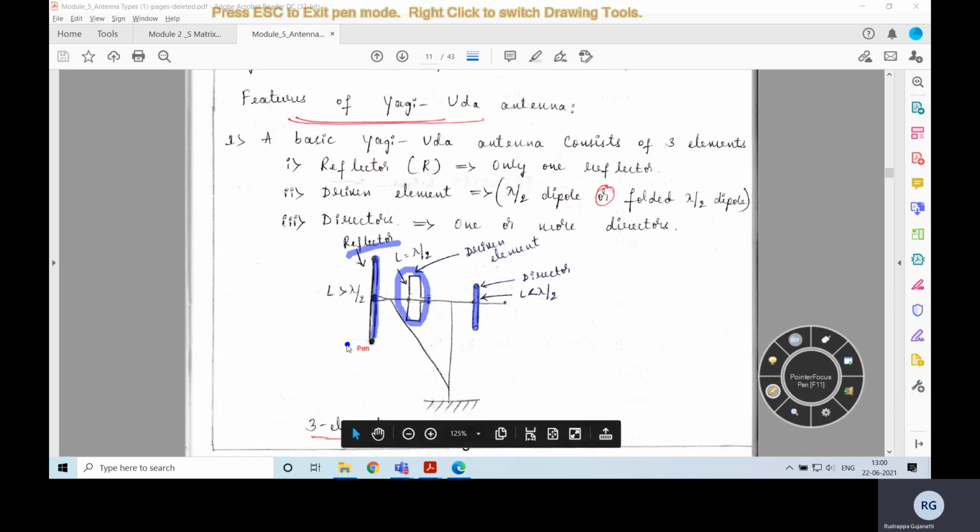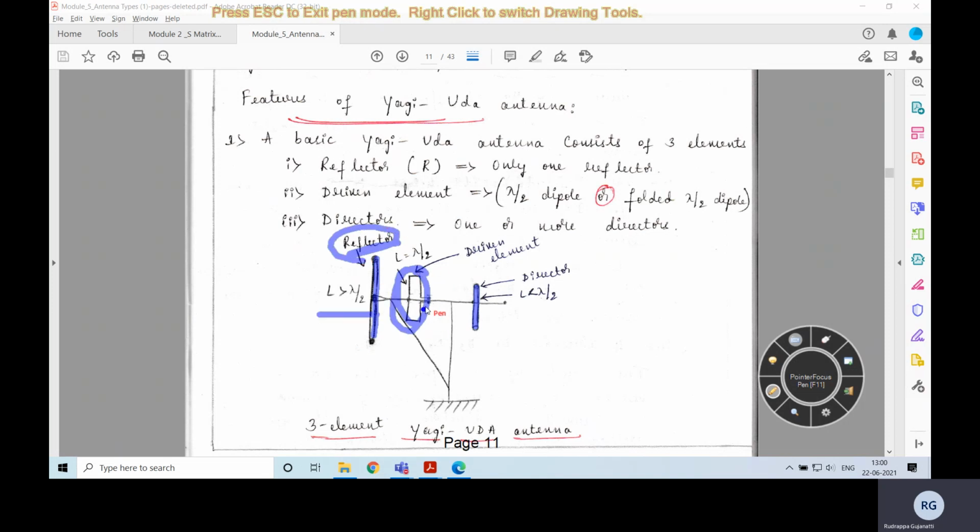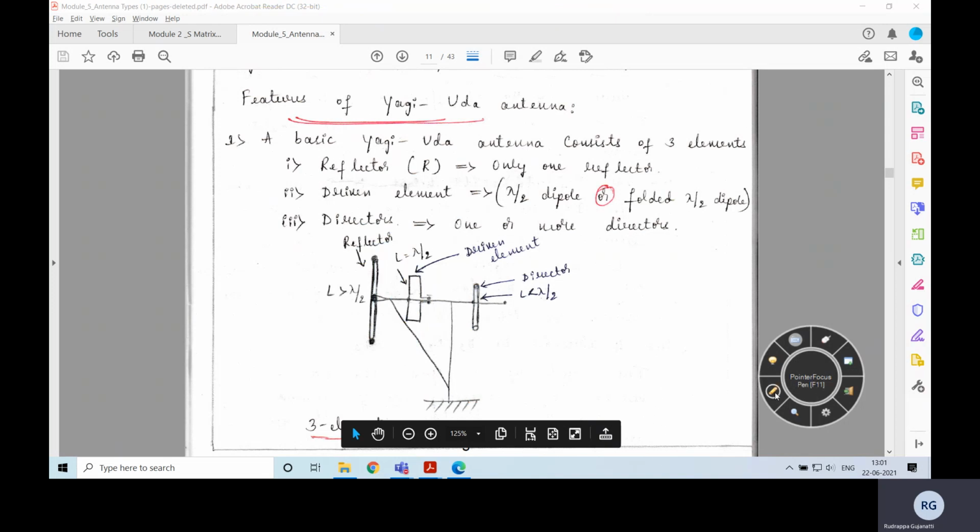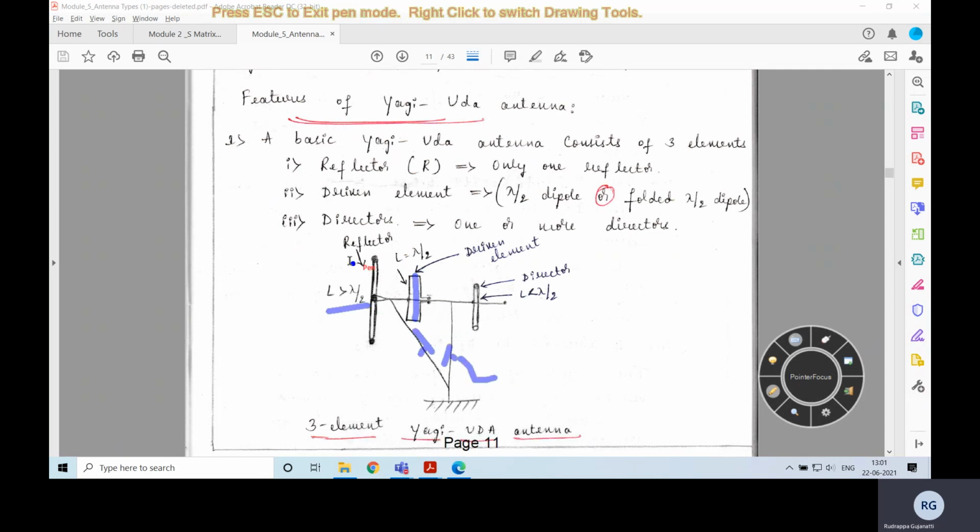Now, when we compare the lengths with respect to the driven element, we observe that the length of the reflector is slightly greater than that of the folded dipole. So it is greater than lambda by 2, since the dipole we are considering is a lambda by 2 dipole, and its length will be around lambda by 2. The length of the reflector will be greater than the dipole length, or the folded dipole length.